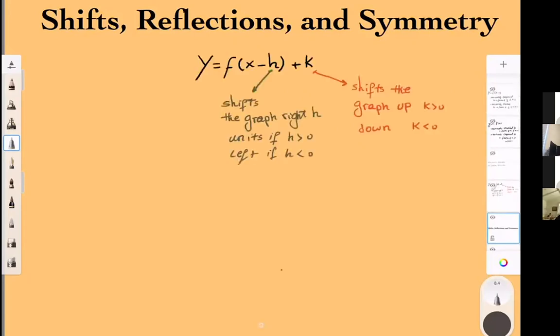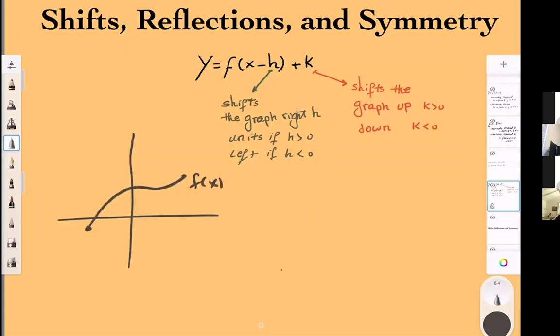This is a formula that we applied in chapter 2, I believe. If I give you a function or a graph, like a graph like this, that's f of x.